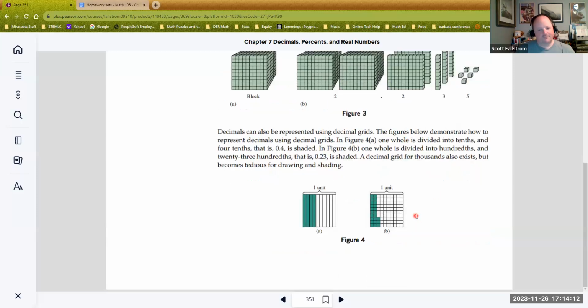Again, that's totally fine. You could use these on what are known as decimal grids. Decimal grids depend on which school you're in and how much they have for a budget, but they might be photocopying these so students can shade them in and see about how big it is, so that they understand that 0.4, which is 4 tenths, is less than half. They can begin to see that on the shape because of the shading that's there.